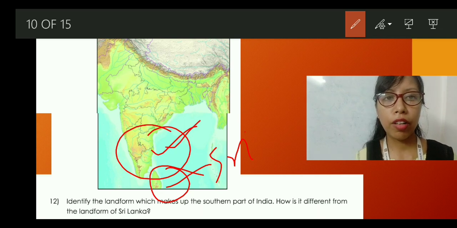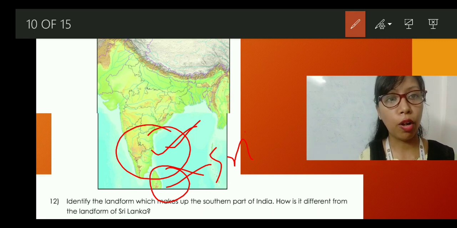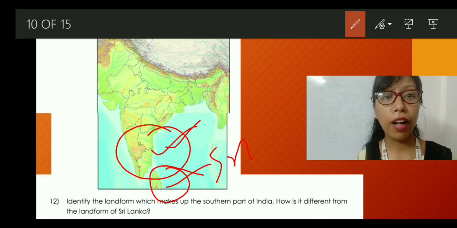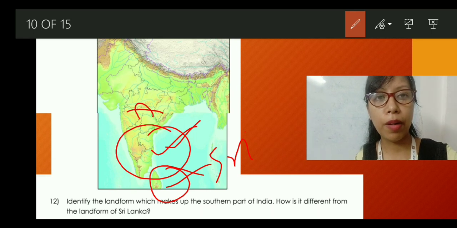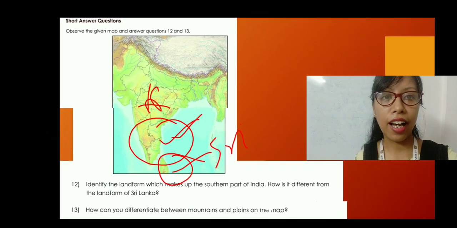Sri Lanka, as you can see, the land is surrounded by water from all sides. Therefore, it is an island. And the southern part, if you can see, three sides are surrounded by water, and only one part, this part, is connected to the land. So it is a peninsula. Therefore, the southern part of India is the peninsula and Sri Lanka is an island.